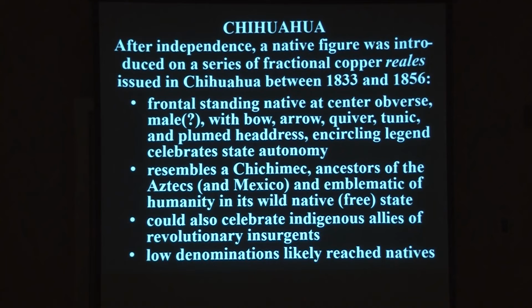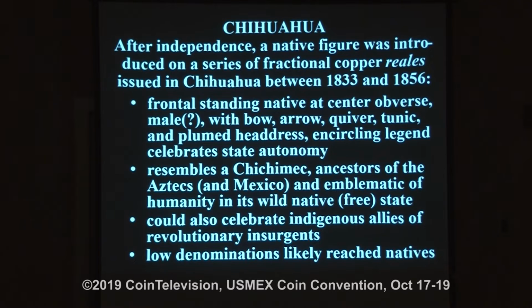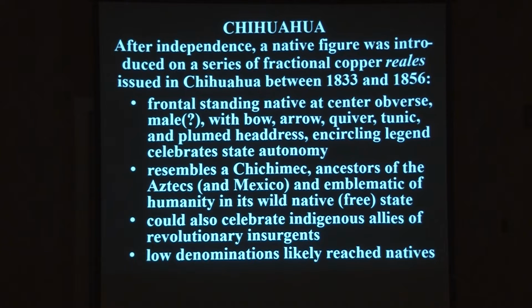Pretty amazing stuff. Now, just to show again that this is not limited to simply San Luis Potosi issues, but can be found on other releases in Mexico. Just take a quick look at one of the state copper series from Chihuahua, which some of you are probably already familiar with.